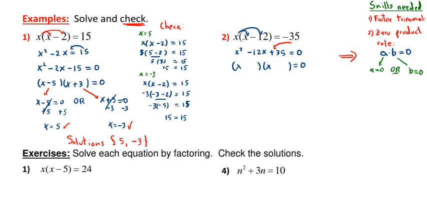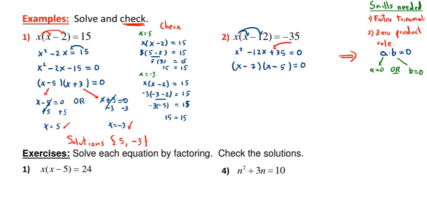But since I have the middle term of the trinomial negative, that's telling me that it has to be both negative here. And the numbers that we're looking for are 7 times 5. Those 2 numbers, -7 times -5, multiplied to +35, and they combine to -12.